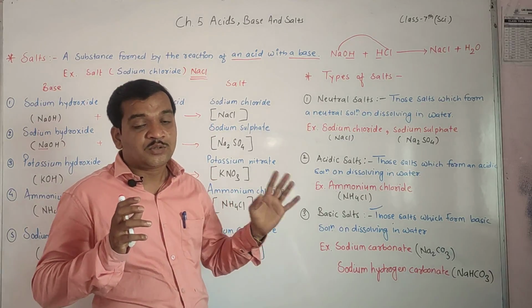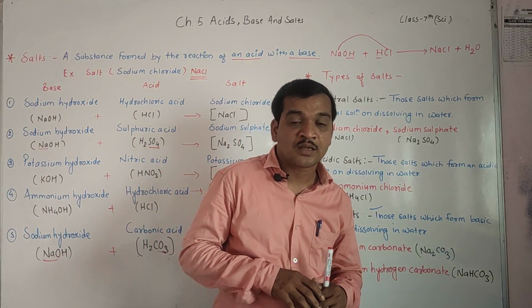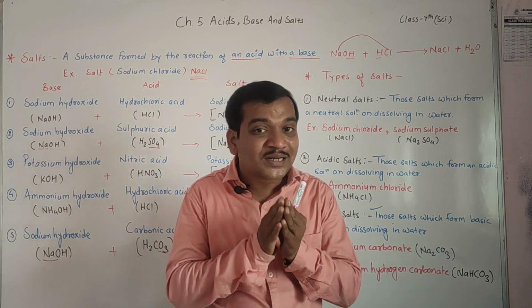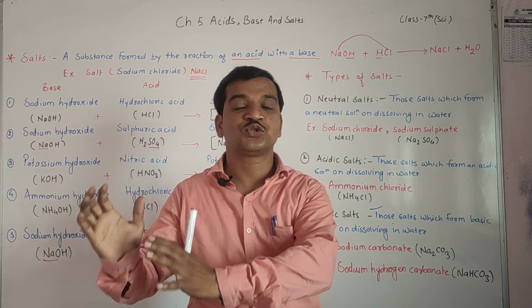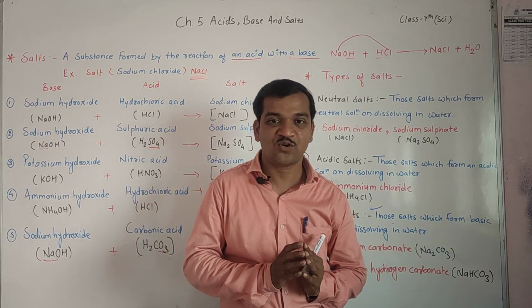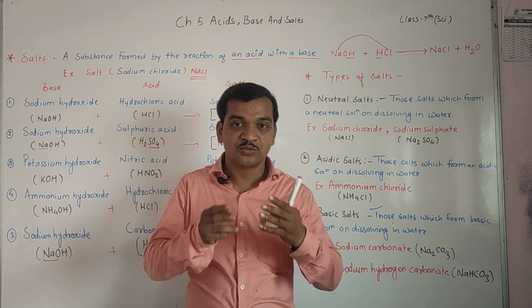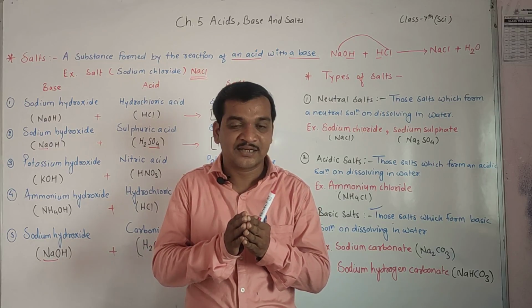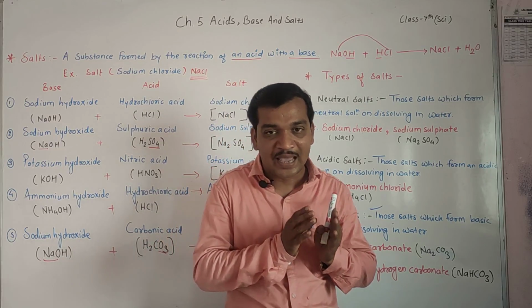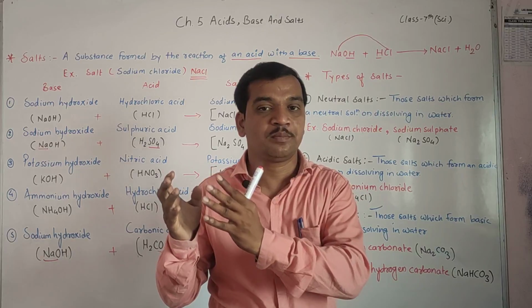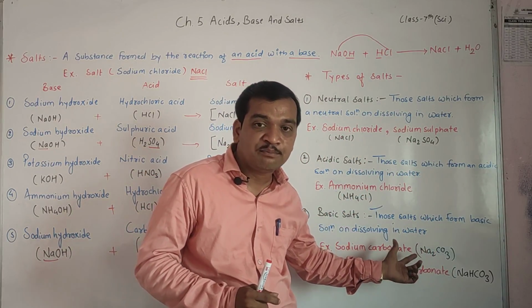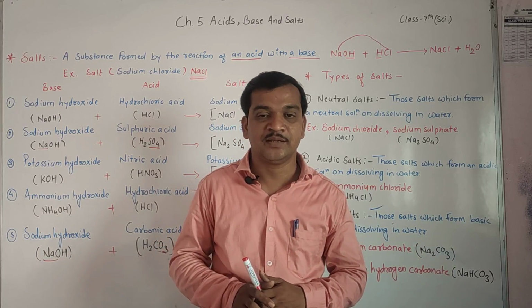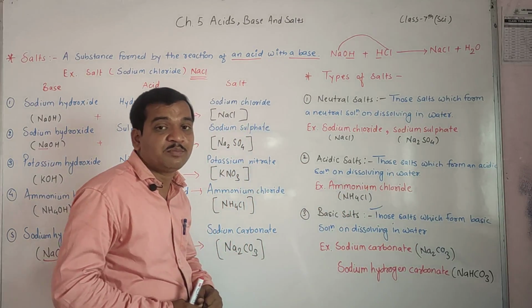Okay, now these basic salts are formed by the neutralization of weak acid and strong base। ये कैसे फॉर्म होते हैं कि जब दो reactants, one is weak acid and second one is strong base, जब combine होते हैं, neutralize होते हैं तो ये basic salts हमें मिलते हैं। Then what are the examples of basic salts?